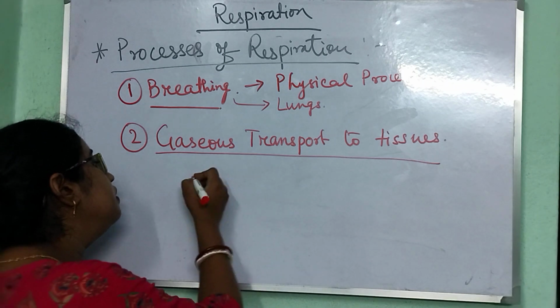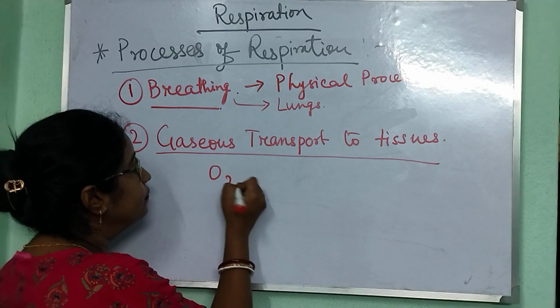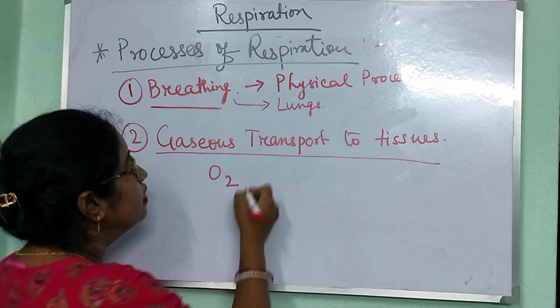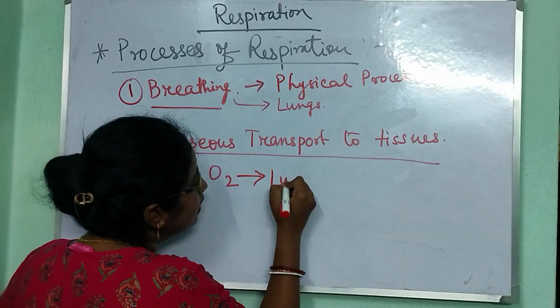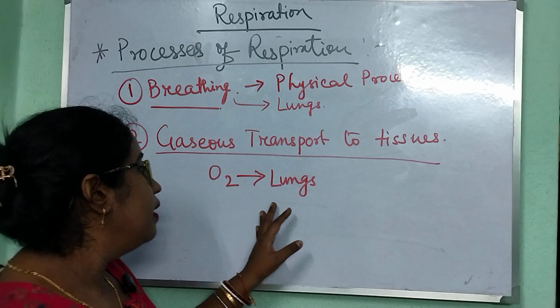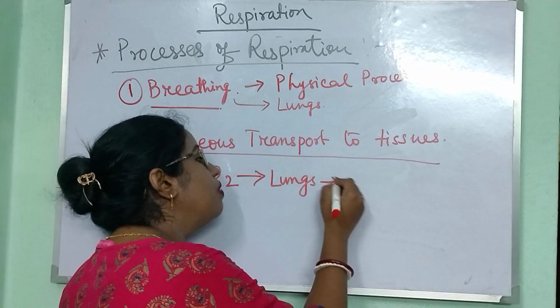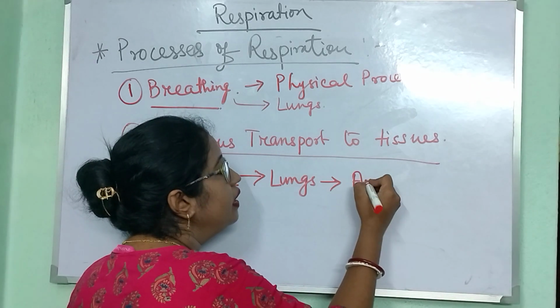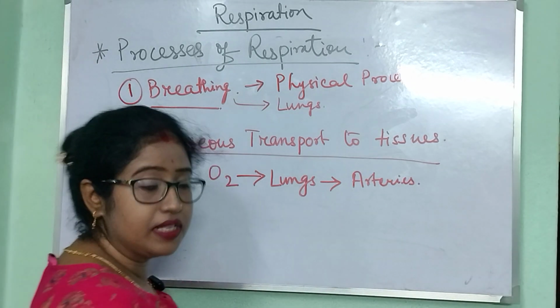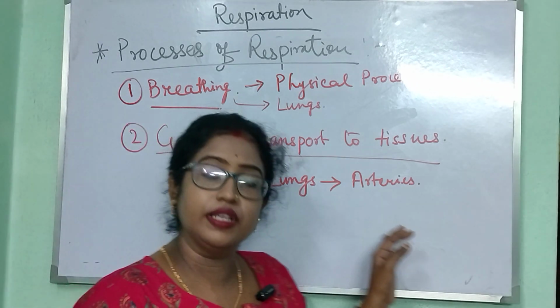Once the oxygen enters into the lungs, the lungs have smaller arteries or blood vessels in them.